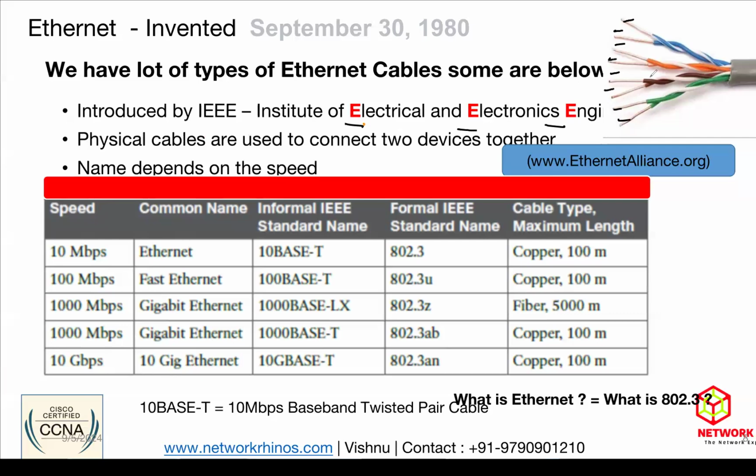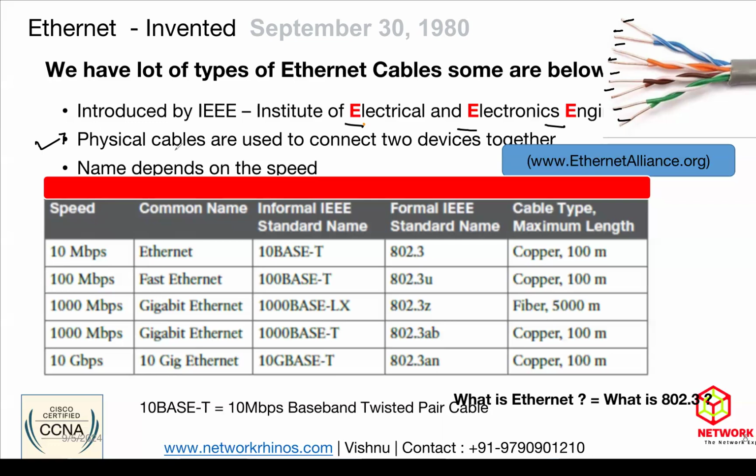The Ethernet cable consists of electrical wires inside it. It has 8 wires, made of copper only. Using an Ethernet cable, we are sending data, using electrical power. So an Ethernet cable can be defined as the physical cable that is used to connect two or more devices.